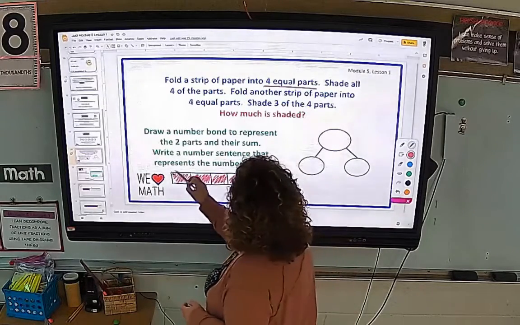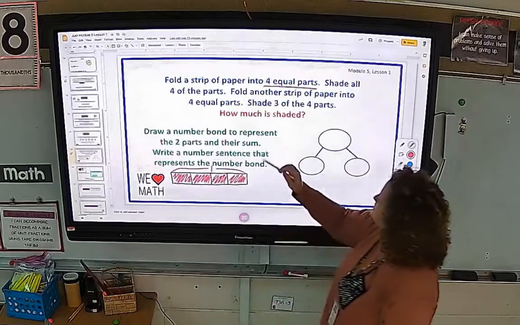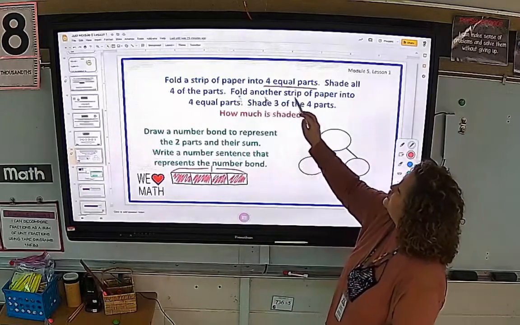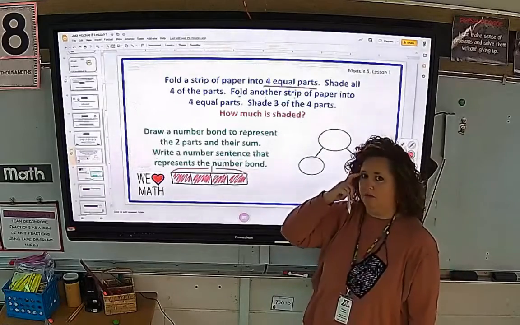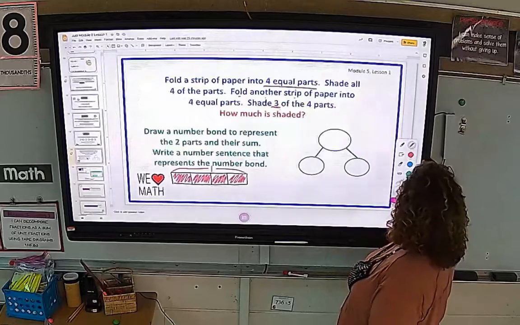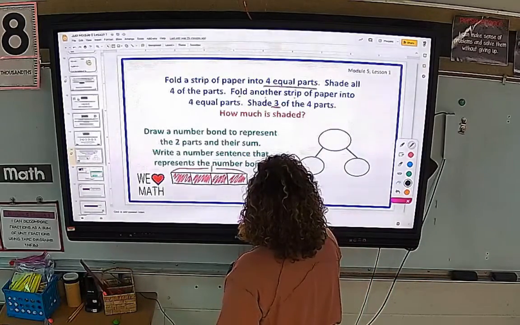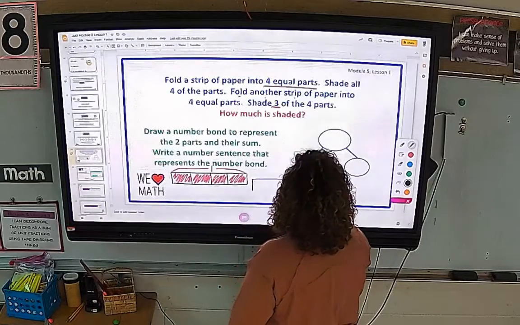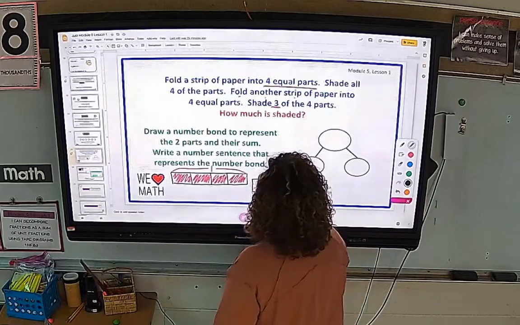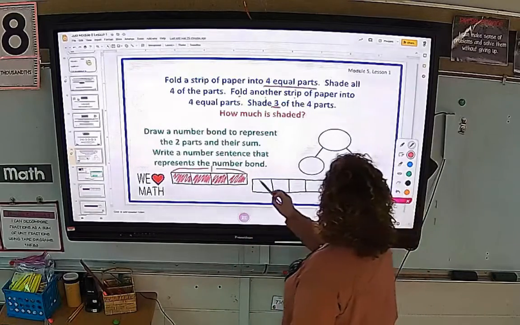Okay, so this is one whole right here. I'm going to squeeze that in right there. But then it says fold another strip of paper into 4 equal parts and to shade 3 of those. So I'm going to draw another one of these. I'm going to put it just a little bit lower so we don't bump into that number bond. 4 equal parts, but I'm only going to shade 3 of them this time.